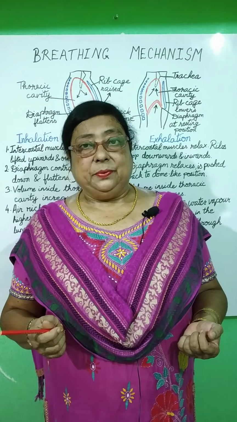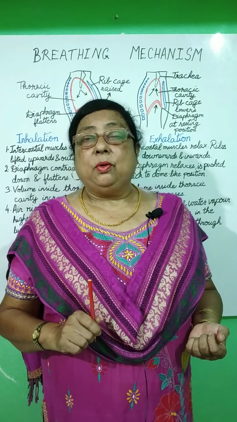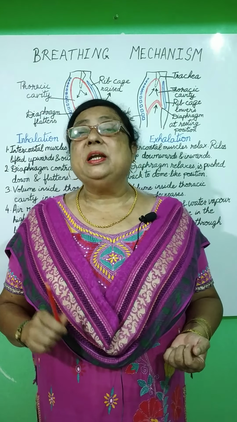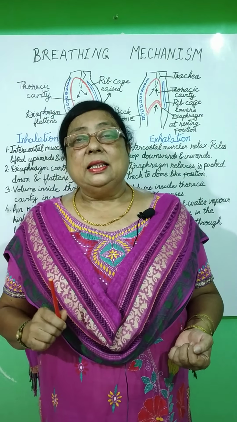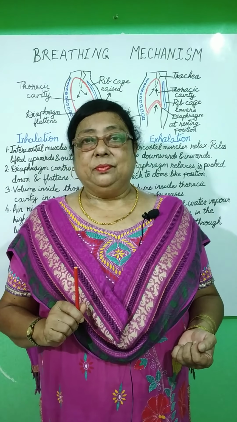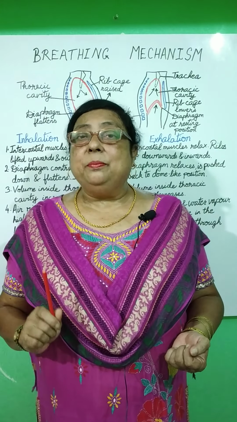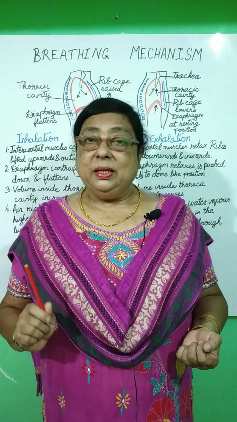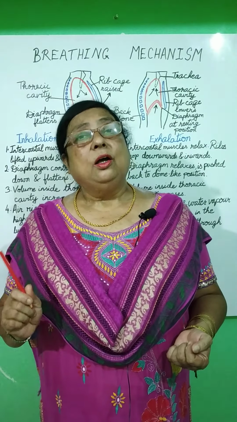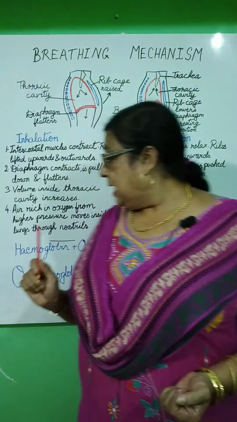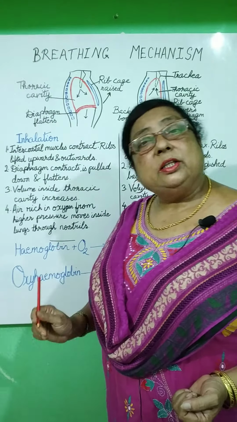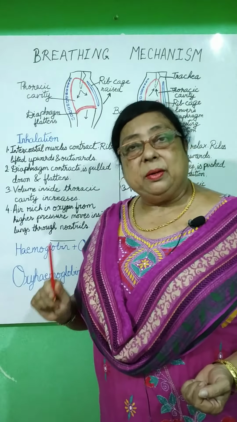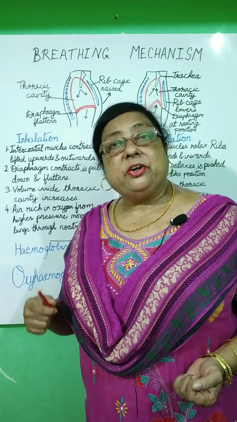This happens because there is a respiratory pigment present in our blood, that is hemoglobin. Hemoglobin is present in our RBCs, red blood corpuscles. This hemoglobin combines with oxygen, so the respiratory pigment acts as a respiratory carrier.